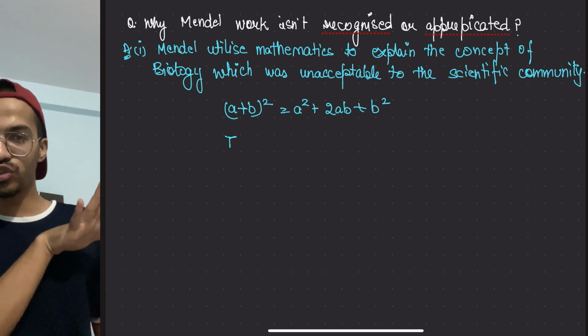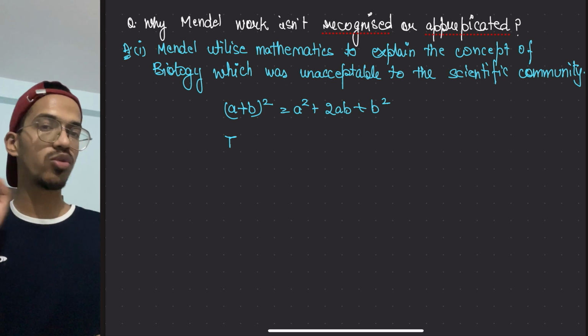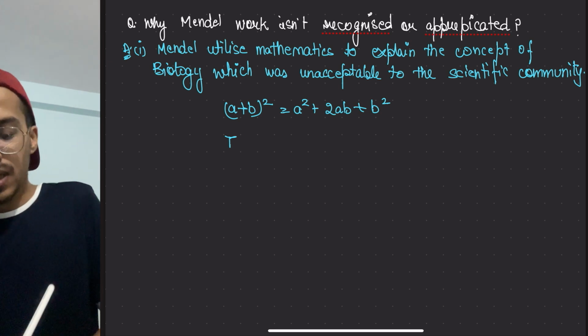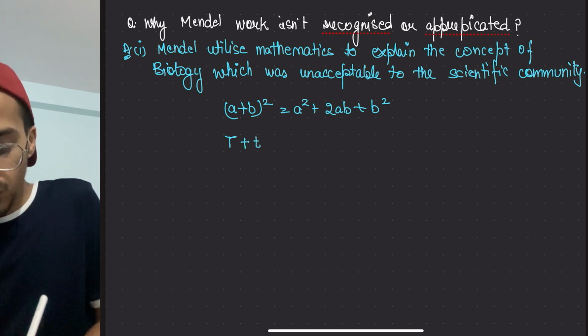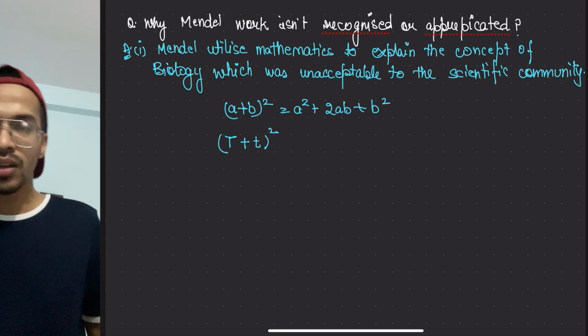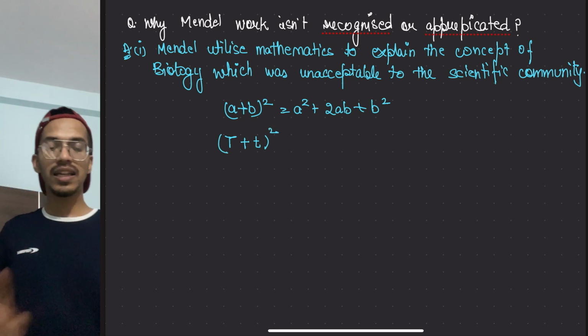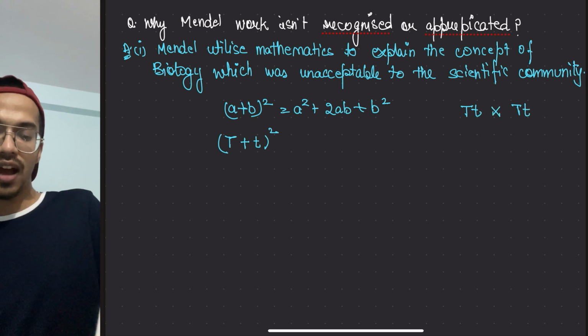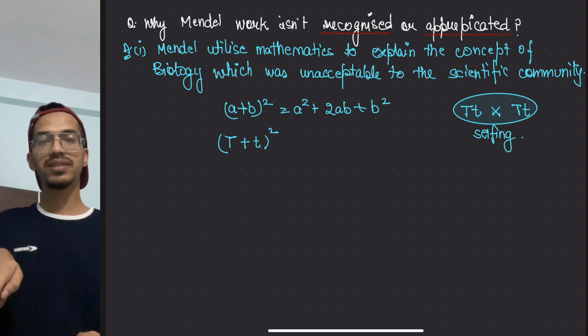You know about allele and genes. If not, then go back and see the first video and understand it, and then proceed to this video. Take t plus t whole square, meaning if we are taking a plant and we are making a selfing of it, then what we will get we can find by this equation.